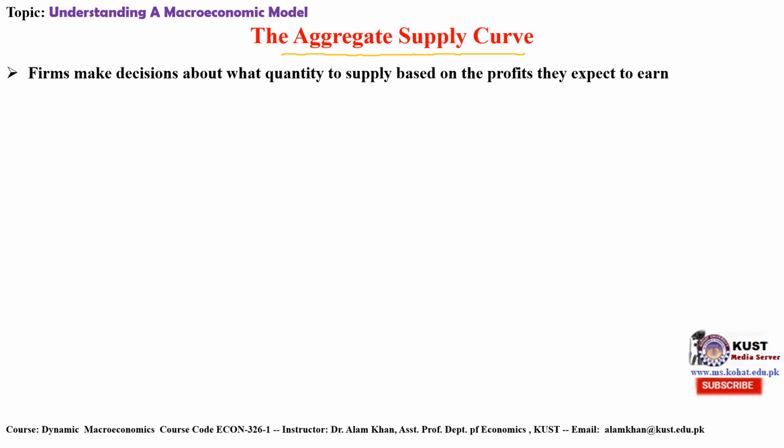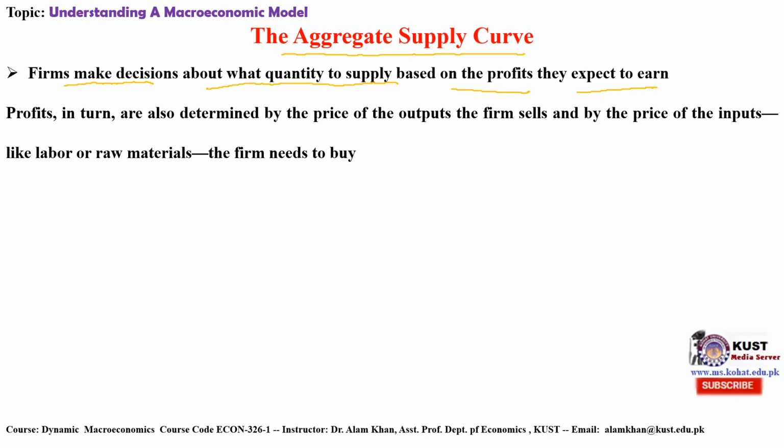Normally, in microeconomics, firms make decisions about what quantity to supply based on the profits they expect to earn. To earn what? To earn profit. In turn, profits are determined by the price of the output the firm sells and by the price of input.